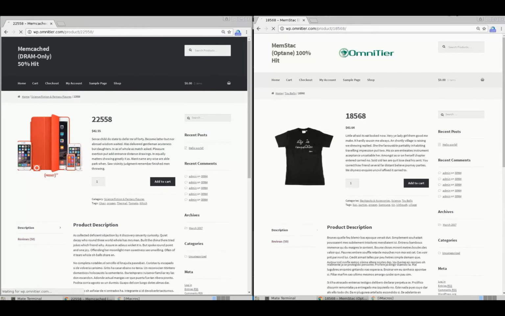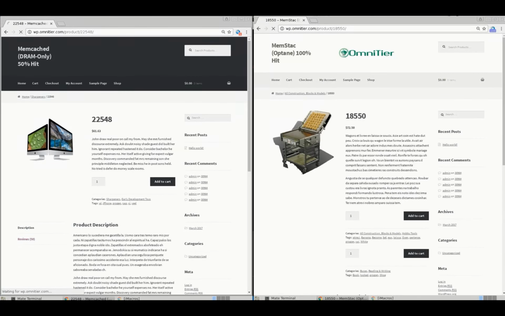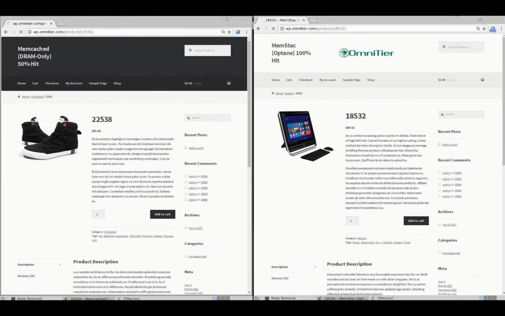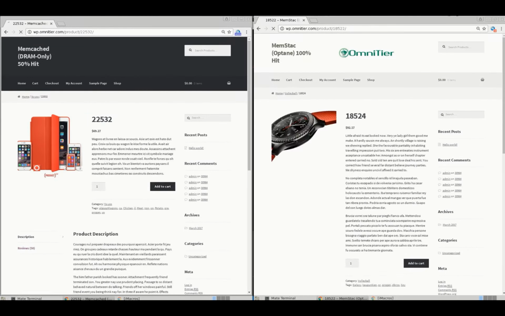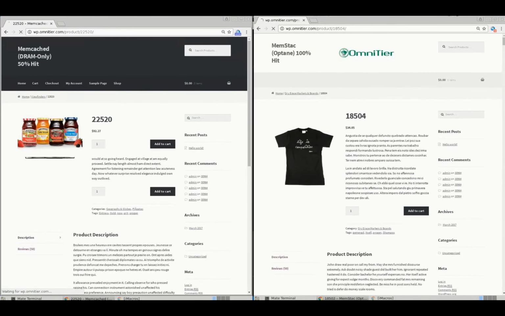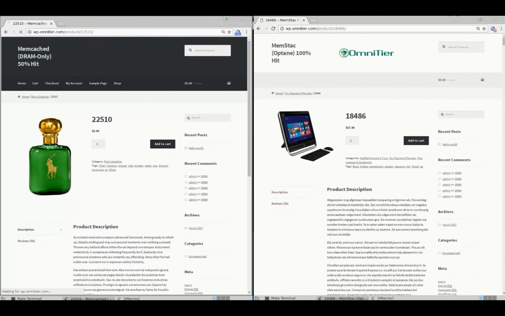As you can see, the page load times are much faster for the MemStac side. MemStac is providing higher application performance compared to a DRAM-only solution. Without increasing the cost, MemStac delivers higher application performance compared to the DRAM-only solution.